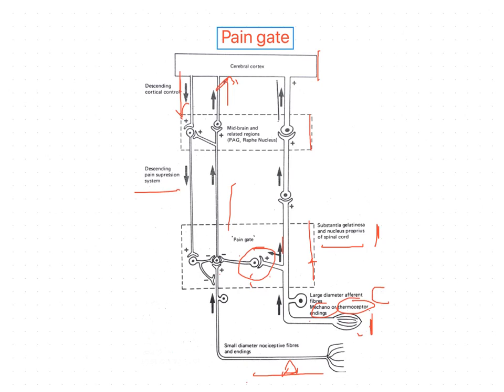The descending neurons can release an endogenous opiate substance into the substantia gelatinosa at the spinal cord level. So they release a chemical called opiate.